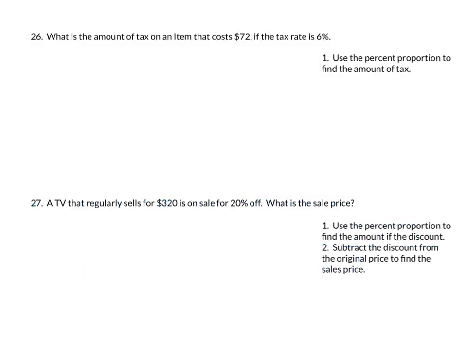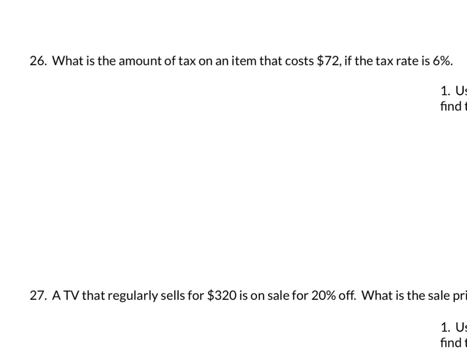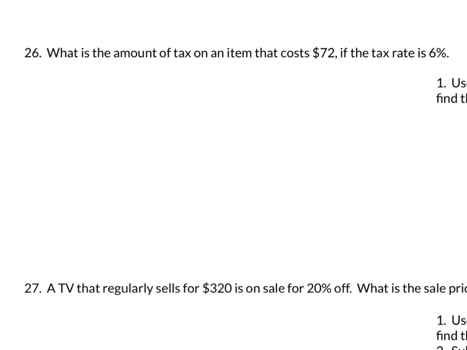All right. The last problems that we're going to look at are tax and discounts. So for 26, in order to find the amount of tax, we're going to use the percent proportion. So we have what is the amount of tax on an item that costs $72 if the tax rate is 6%.